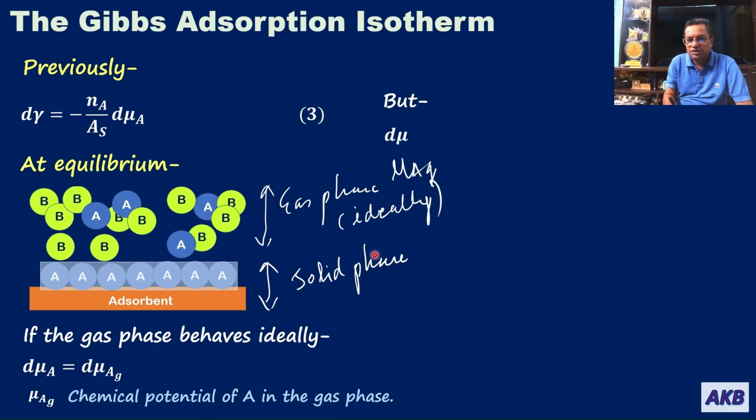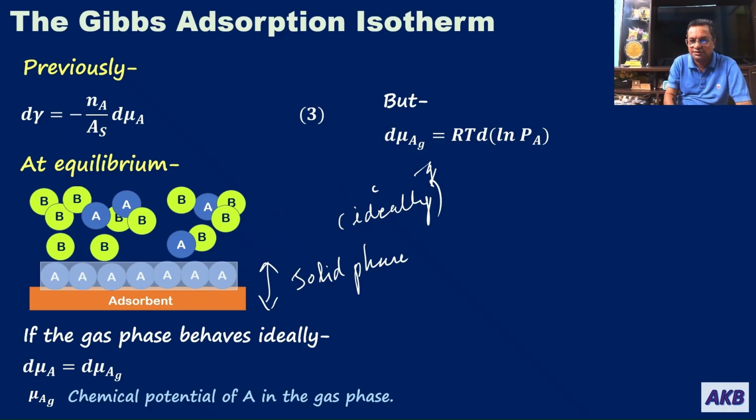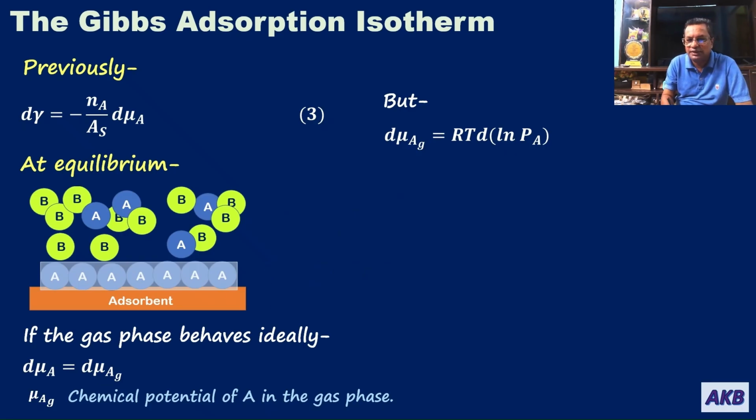Okay, but we know we are using a known equation. I hope you have understood it. It is known that the equation for d mu Ag is RT into d ln of PA, where PA is the partial pressure of A in the gas phase, R is the gas constant, and T is temperature.